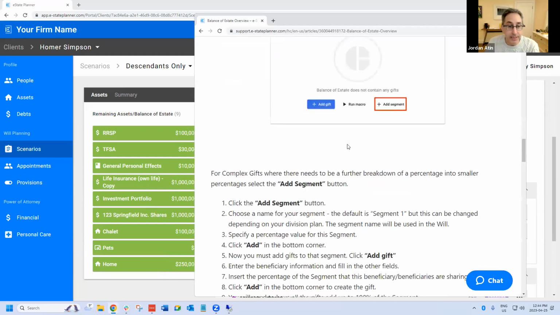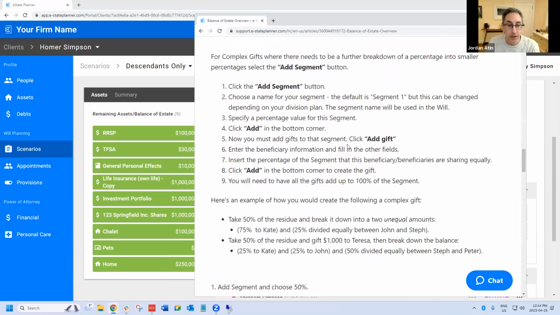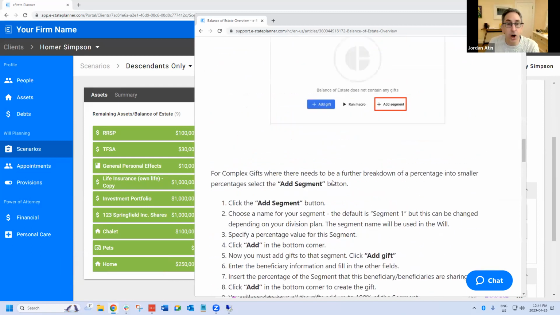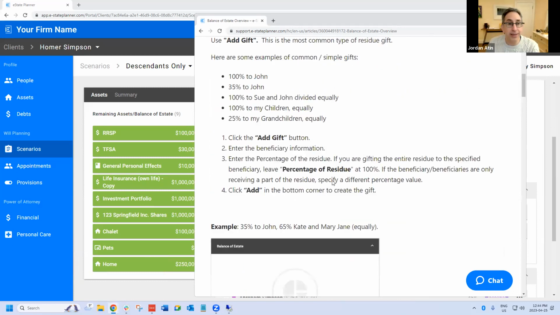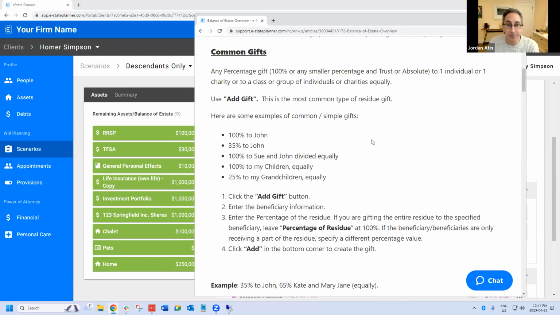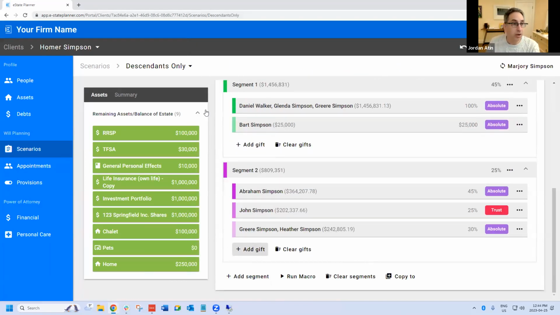So you need a complex gift whenever you're not treating all the people within that amount the same. Okay, so in this case, we have 3 kids, one needs a Henson trust. Let me show you how we would do that. So I'll do that in a different scenario just so you can see it.